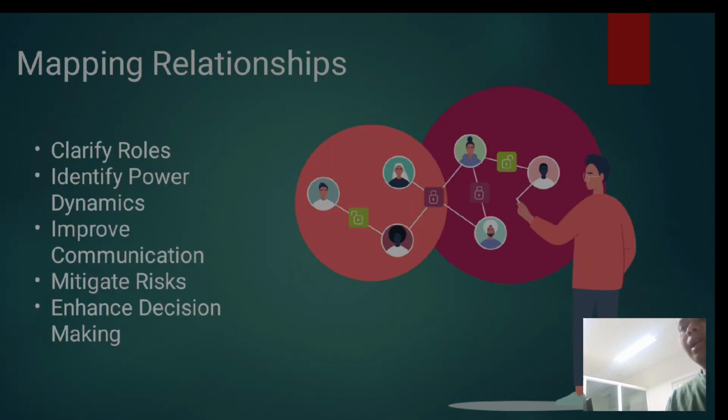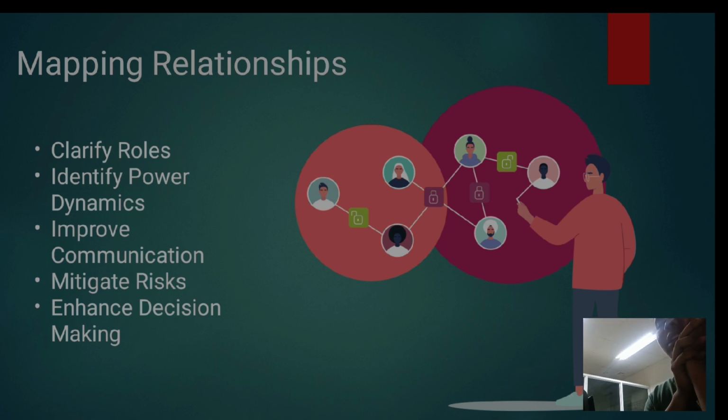So in mapping the relationships of different stakeholders, it is important that we clarify the roles. So the first part in mapping the relationship is to define the responsibilities and understand the process and the project.